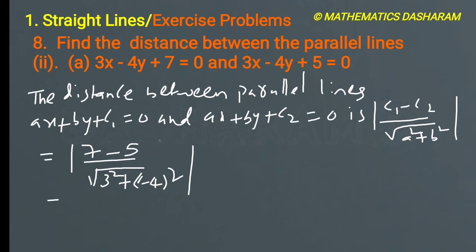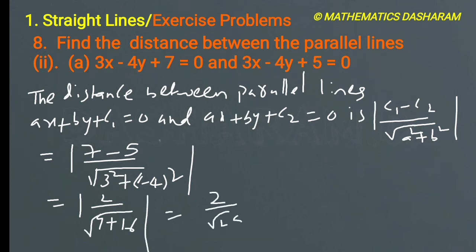So 7 minus 5 is 2, and 3 square is 9, minus 4 whole square is 16. So 2 divided by under root 25. Root 25 is 5. So it is equal to 2 by 5.